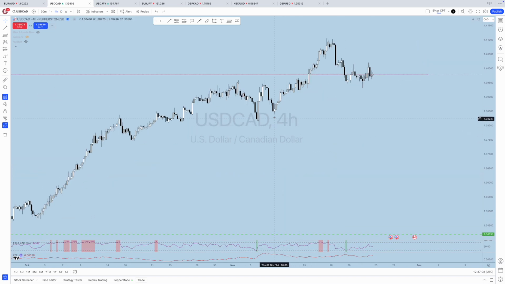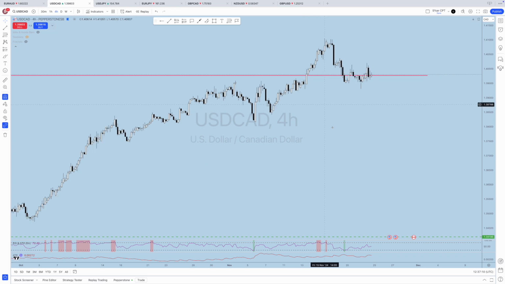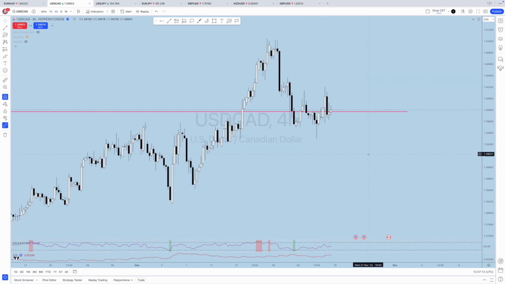So the 4 hour is still in an uptrend, and what's interesting here is it was coming down, it made a double bottom which was a valid double bottom for me, but I didn't see at the time. I missed it. So my setup at the moment is, this is a fake out.